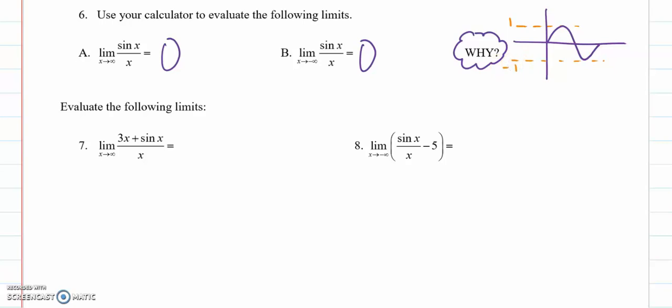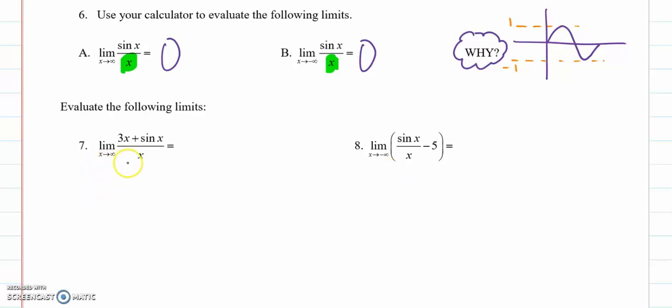When you start to divide by something that gets huge, it won't matter what your numerator is, because between -1 and 1, those numbers are pretty small, and you divide by something really, really big, that's going to make it go to 0. We use those facts to help us with the limits in 7 and 8, just as we did yesterday.